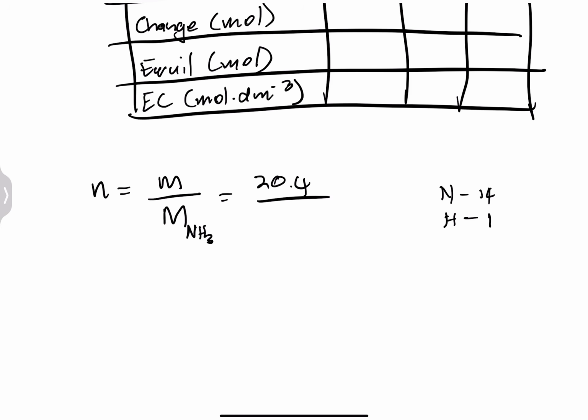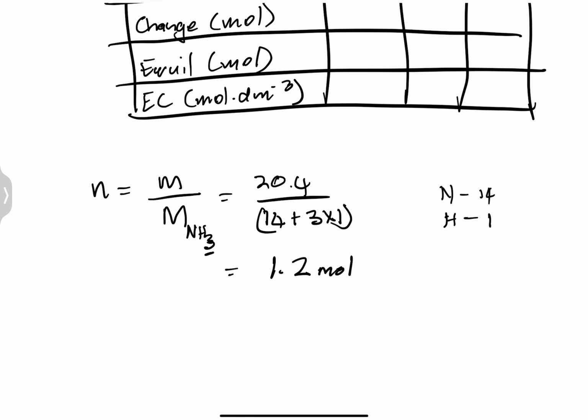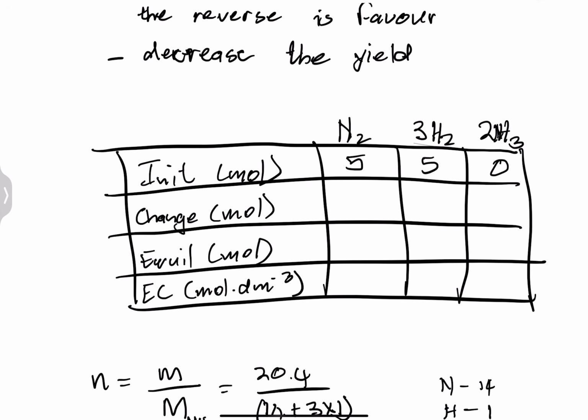You only multiply by the subscripts, the numbers at the bottom. So nitrogen is 14 plus 3 times 1, that's 3 hydrogens. So we have 20.4 divided by 14 plus 3 times 1, which is 17. That will give us 1.2. So the number of moles of ammonia at equilibrium will be 1.2. So we know we've got 1.2 at the end.